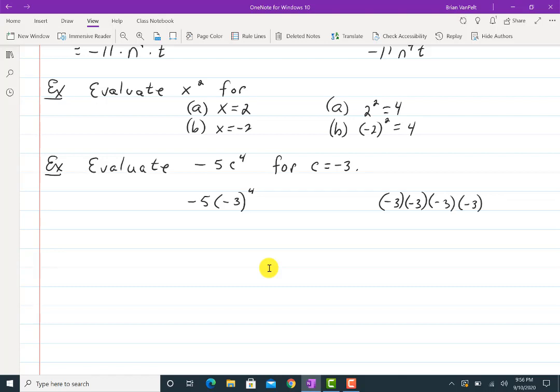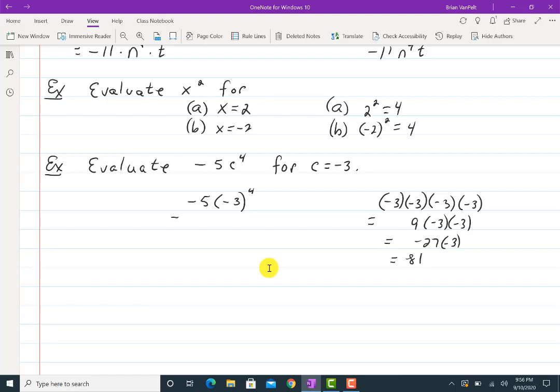But if you see, the negative 3 raised to the 4th power is negative 3 times itself 4 times. Negative 3 times negative 3 is 9. And then 9 times negative 3 is negative 27. And then negative 27 times negative 3 is positive 81.